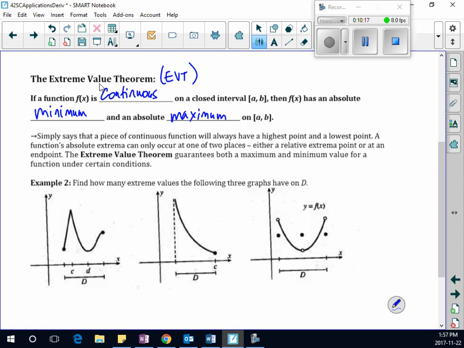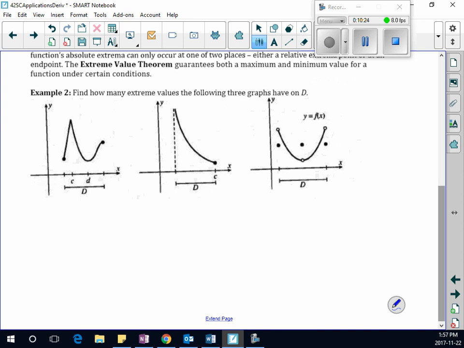Yes. So find how many extreme values the following three graphs have on D. I'll give you a second to figure that out. Okay, how many did we get here? I hear extreme values. These are absolute maxes and absolute mins. So there's two. There's an absolute max right there.